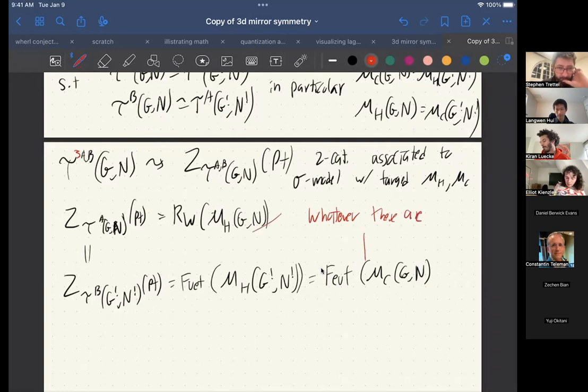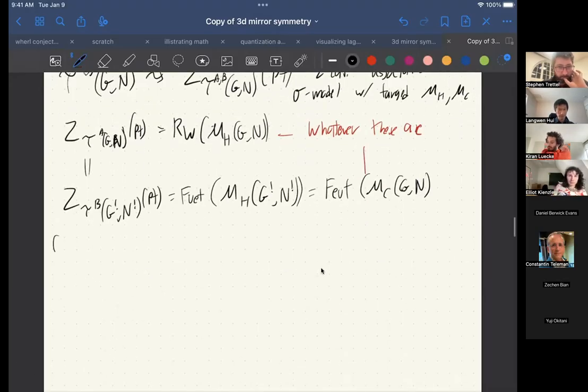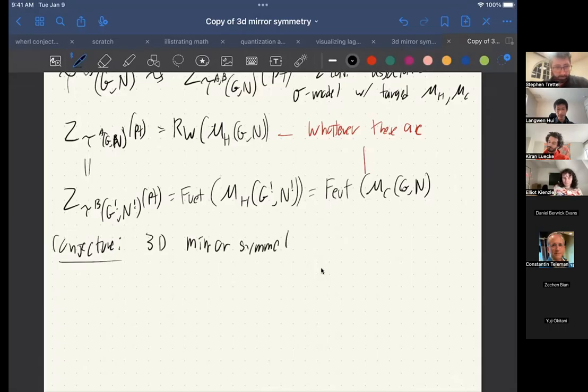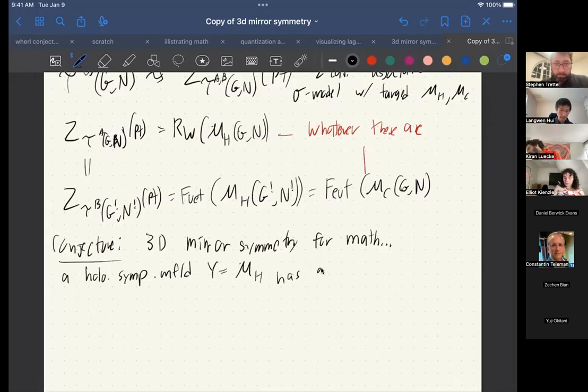So whatever these categories are, whatever these spaces are, there should be a duality between them. Okay, let's write this as a conjecture, which is 3D mirror symmetry, for mathematicians, which is that a holomorphic symplectic manifold, let's call it Y, if it happens to be equal to a Higgs branch of something, has what we call a 3D mirror space.